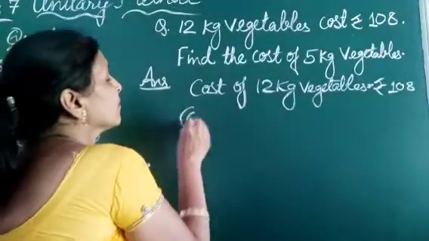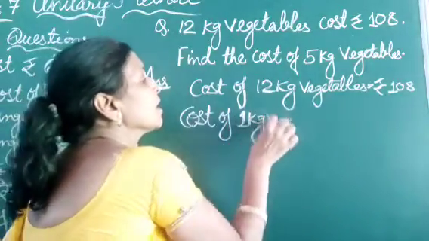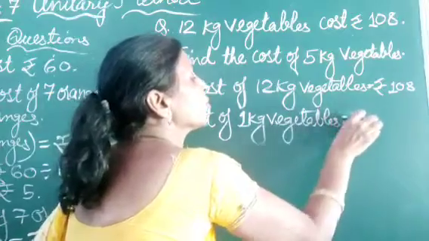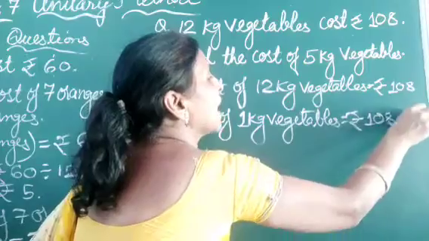In the second line we write cost of 1 kg vegetables is equal to rupees 108 divided by 12.